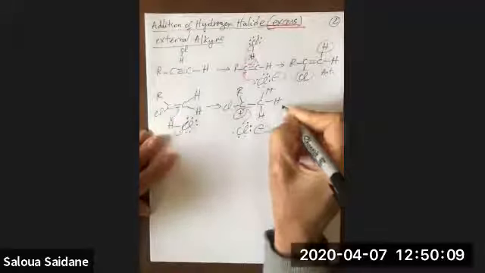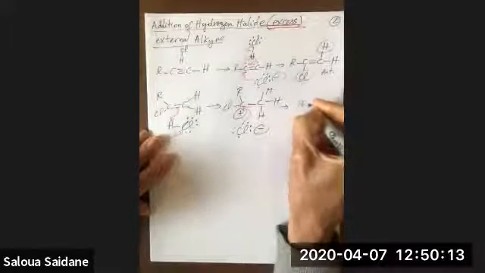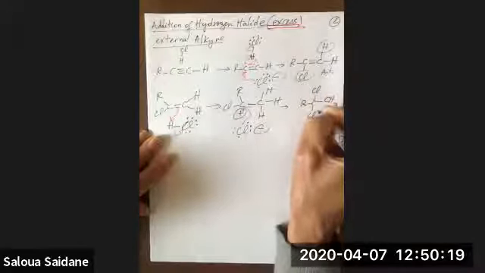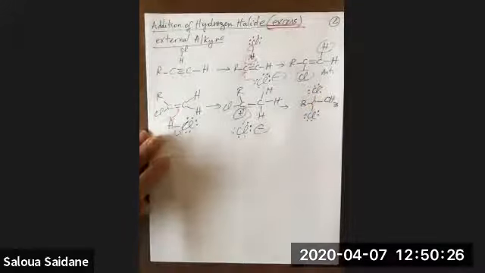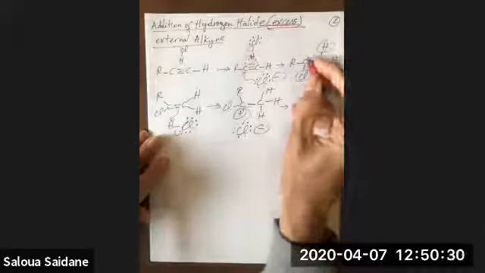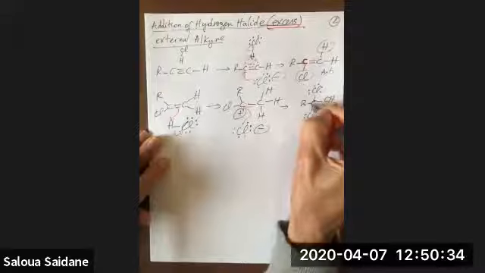And we get R, C, Cl, Cl, CH3. So you see, what's important is that the first chlorine adds to the left, right here. The second chlorine adds to the same one.